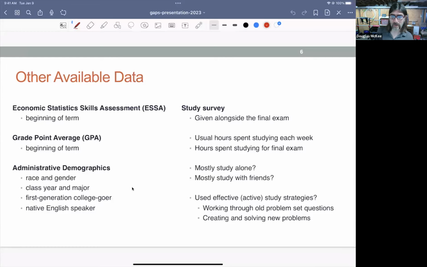So did you mostly study by yourself? Did you mostly study with friends? And then we gave them a list of about 6 or 7 study strategies, and they could check which ones they used and which ones they didn't.